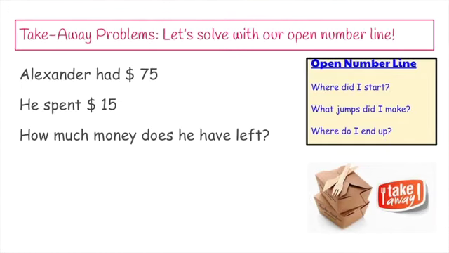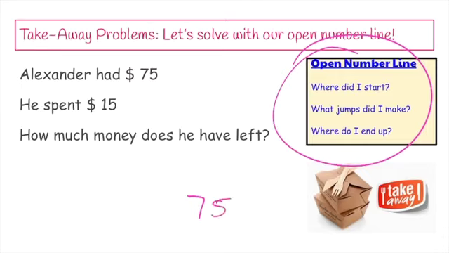Okay, let's solve this problem with an open number line. Where do we start? Here are our 3 central questions again. Where do we start? Well, we start at 75. What jumps do we make? Well, remember, we know how to split into 10s and 1s. We split our 15 into 10 and 5.